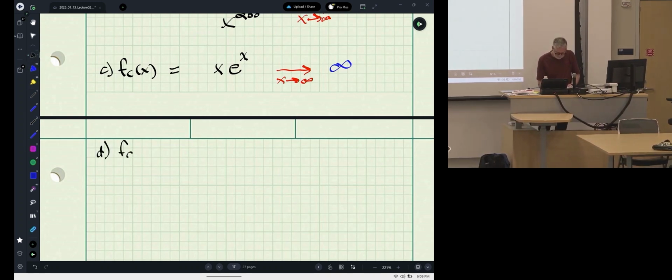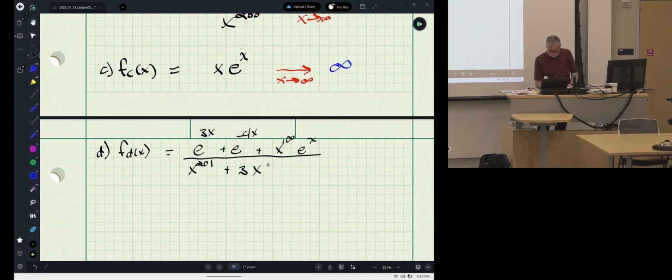Okay, so f_d of x is equal to e to the 3x plus e to the minus 4x plus x to the 100 times e to the x divided by x to the 201 plus 3 times x to the 400, and then 5 times x to the 10 to the power 100, okay?